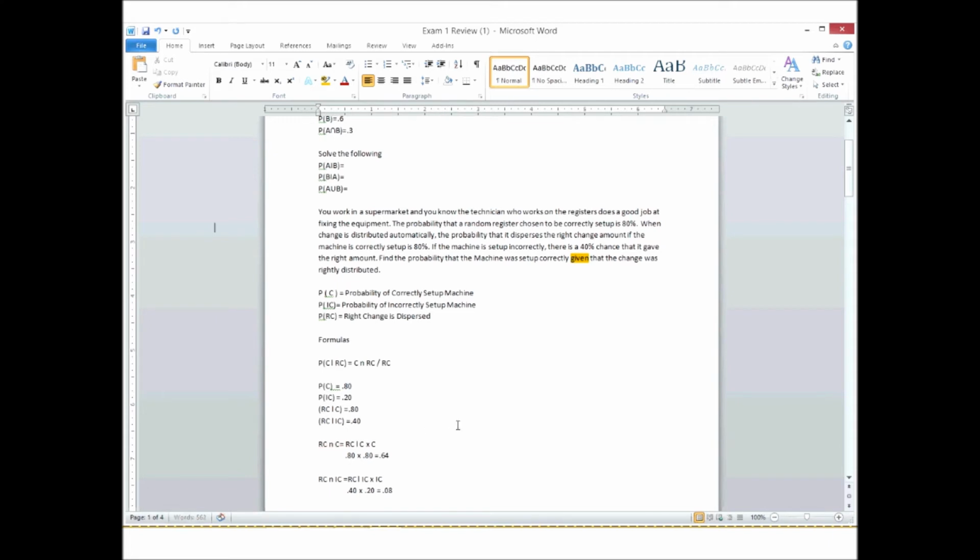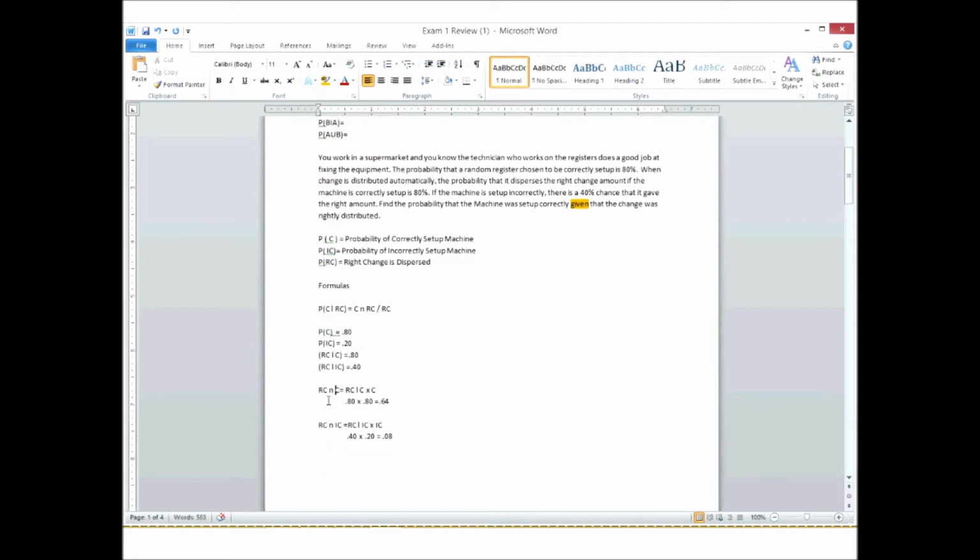Well, these both share RC. They both have the right change. Whether it's right change and correctly set up or right change and incorrectly set up, they both share right change. So RC is equal to 0.72. Well, the right change is 0.72, so wrong change is going to be the inverse, 0.28.